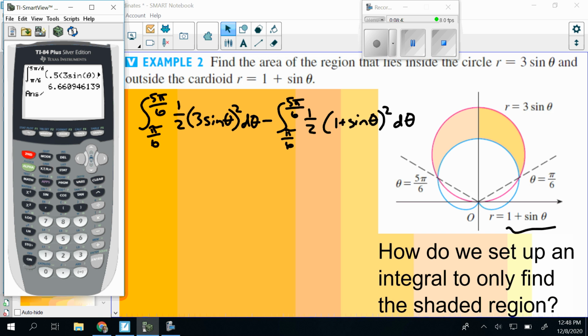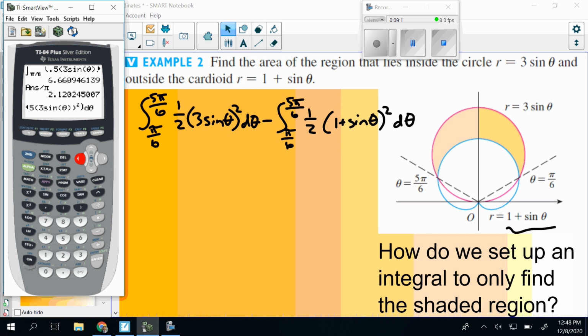Let's see if pi is part of this. It doesn't appear that it may be, so we'll stay with where it's at. Let's do that other one now. So if we do the second one, I'm going to go up here and copy and paste this so I don't have to re-enter all of it. I'm just going to change the function in here since we're using the same limits.